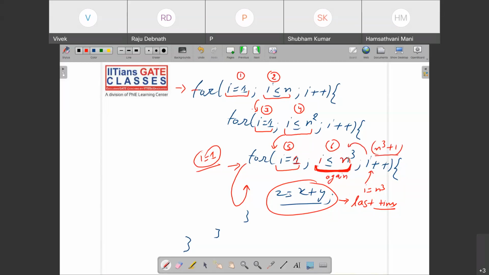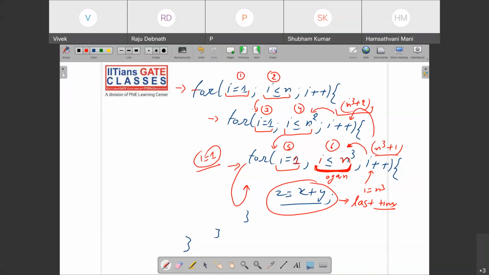If this condition has failed, then it will go back to the previous loop, this loop, and increase the value of I to n cube plus 2. Once the value of I is increased, it will check the condition.